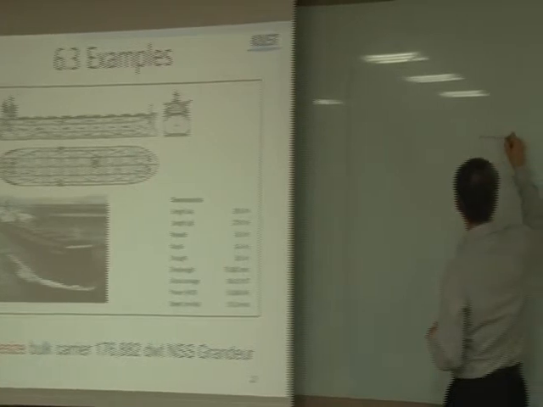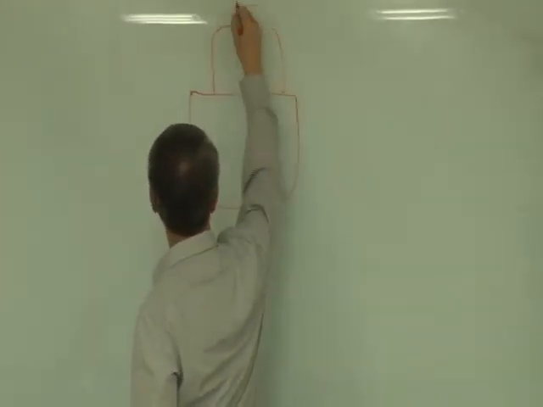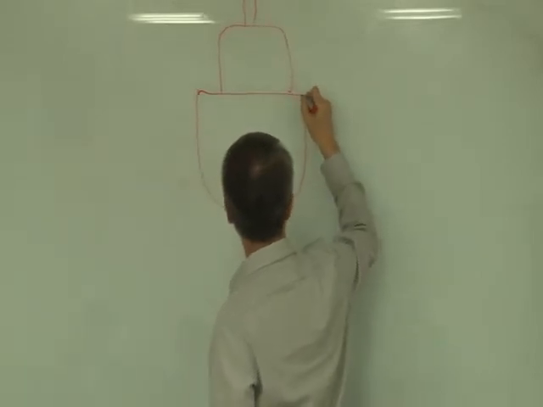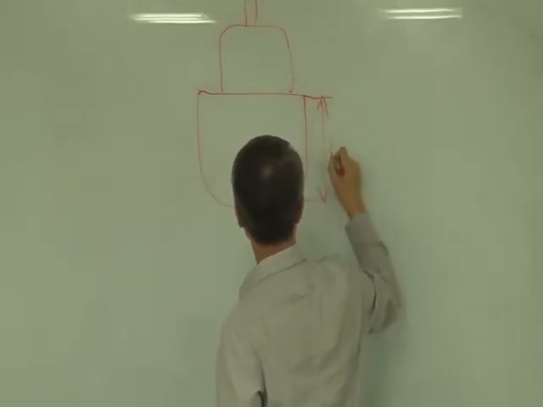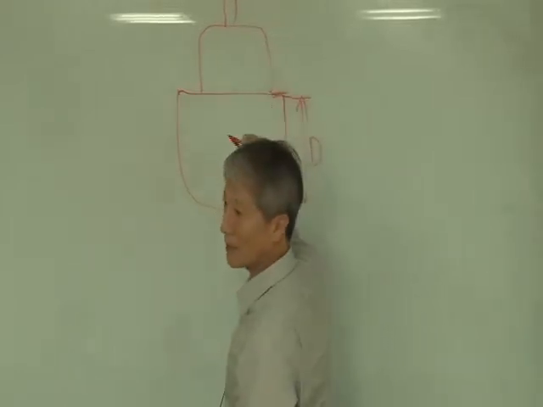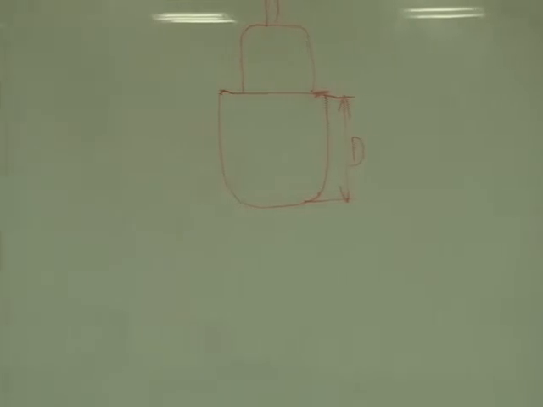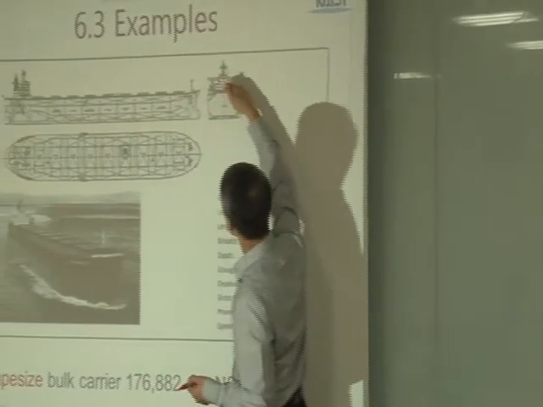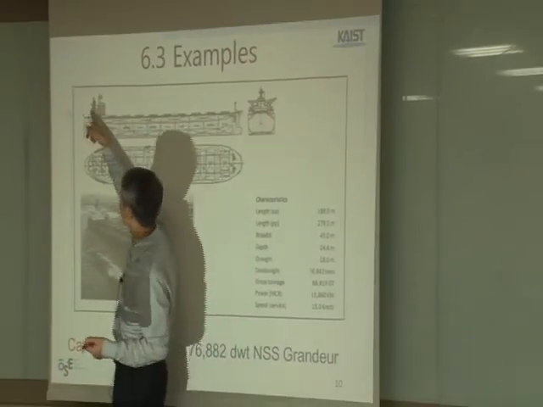So, a ship and some structure there. We call this depth, not all. This is depth, up to the upper deck. Here you can see the higher superstructure, but the superstructure is only here.